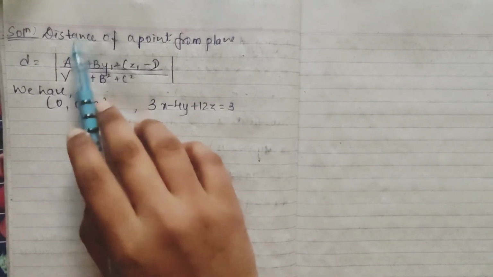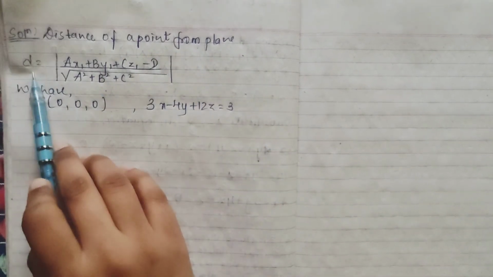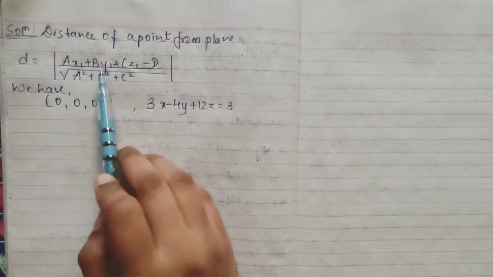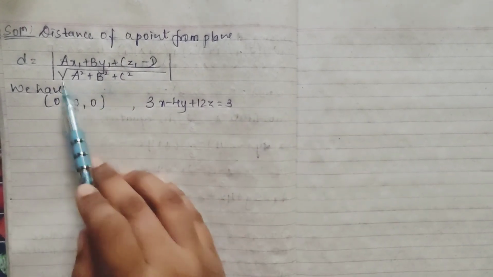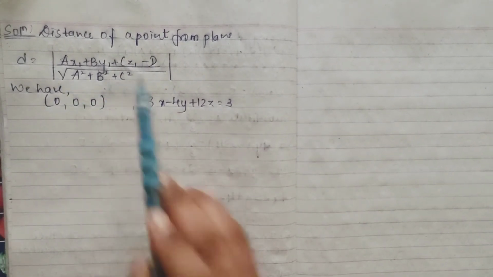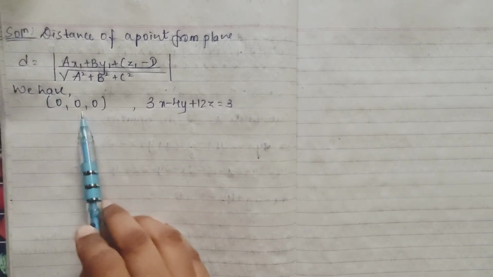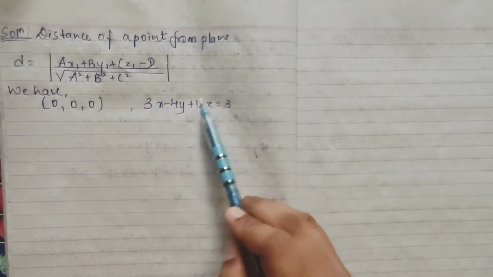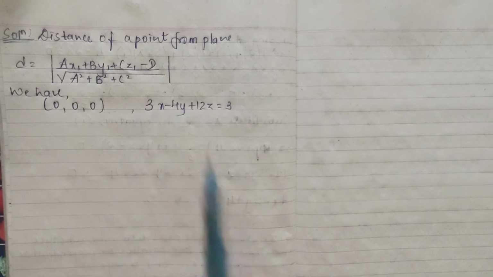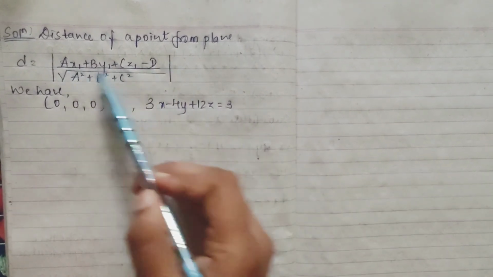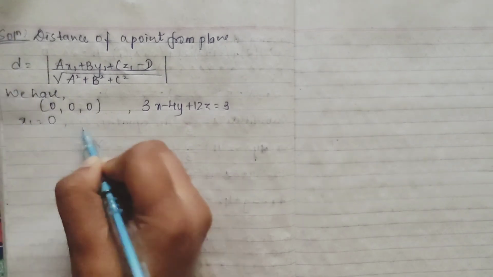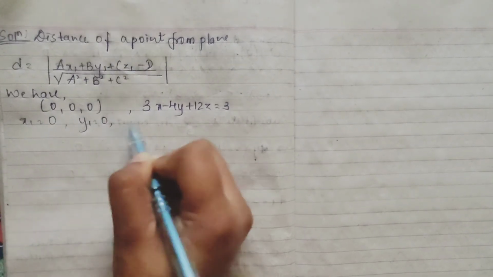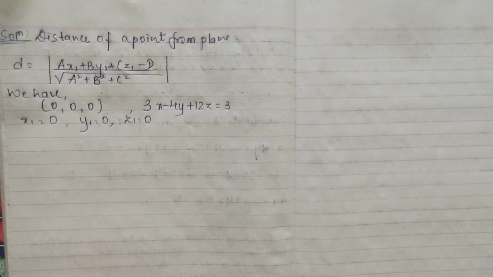So the distance of a point from a plane is given as the modulus of ax1 plus by1 plus cz1 minus d, divided by the root of a square plus b square plus c square. Whatever they have given, one point and a plane, we write down. We need everything: a, b, c, x1, y1, z1. So x1 is 0, y1 is also 0, and z1 is also 0.